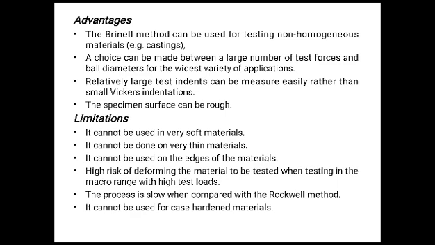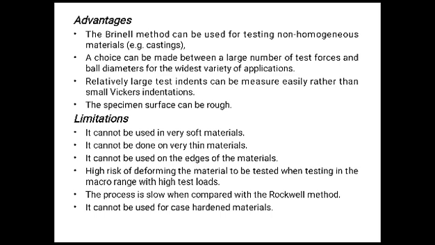The advantages of the Brinell method: it is used for testing non-homogeneous materials, can be made with a large number of test forces and ball diameters for the widest variety of applications, relatively large test indents can be measured easily compared to small Vickers indentations, and the specimen surface can be rough.